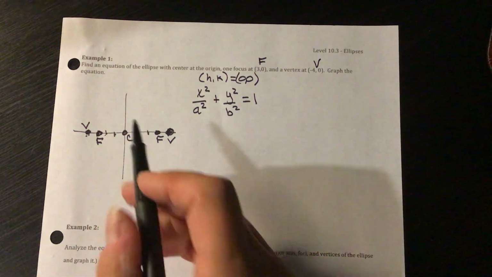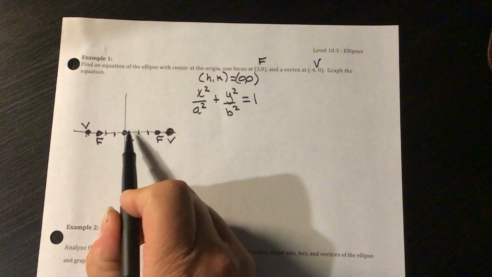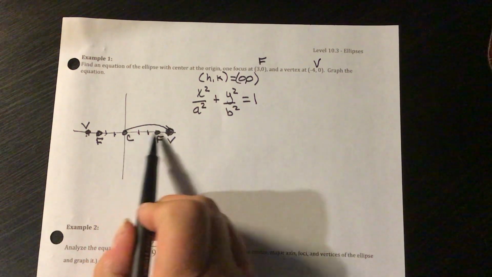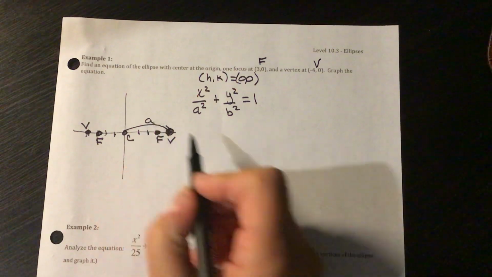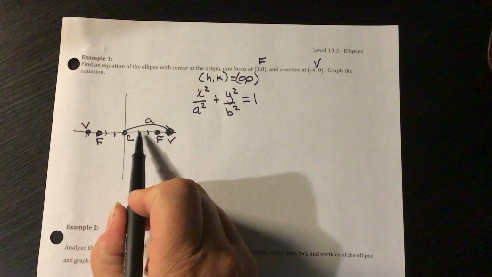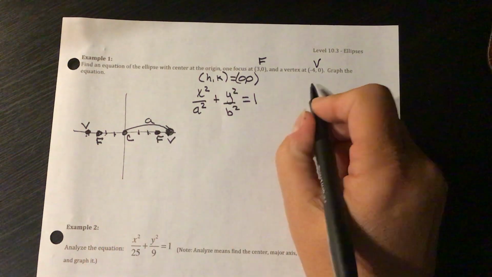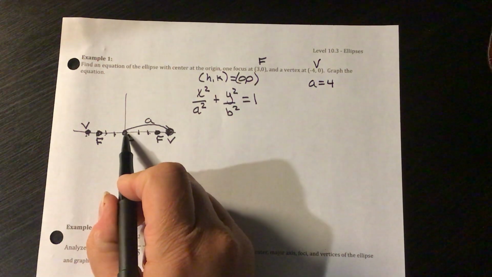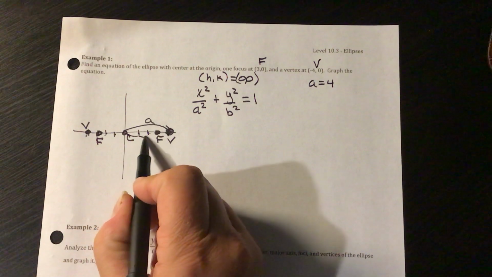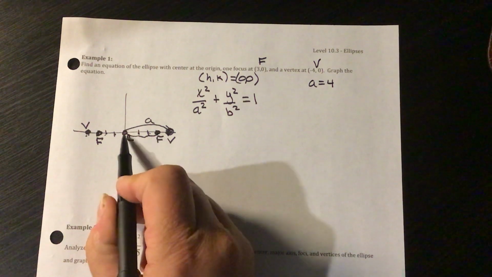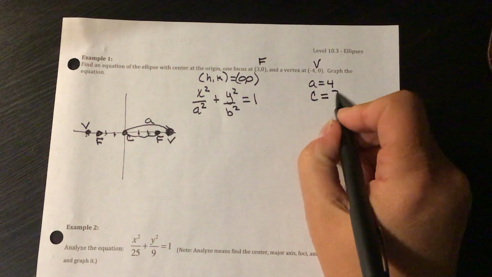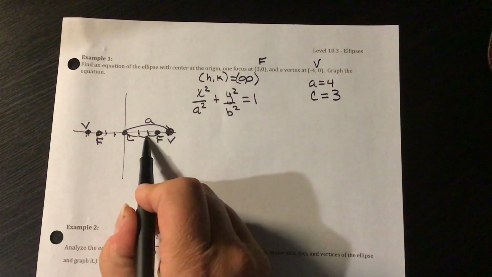The distance from the center to the vertex along the long axis is a, so I know that a is 4. And the distance from the center to the foci is the c value, and I know c is 3, just counting the spaces.